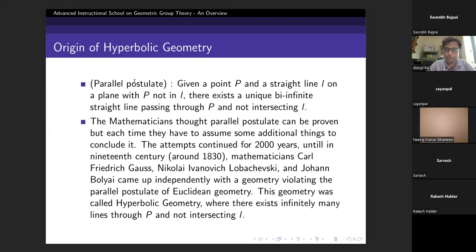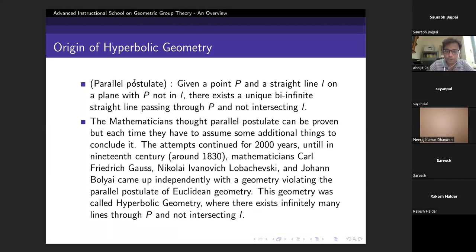The earlier mathematicians thought that the parallel postulate could be proved from the remaining axioms. This attempt continued for around 2000 years, until in the 19th century, in 1830, Gauss, Ivanovich Lobachevsky, and János Bolyai came up independently with a geometry violating the parallel postulate of Euclidean geometry.